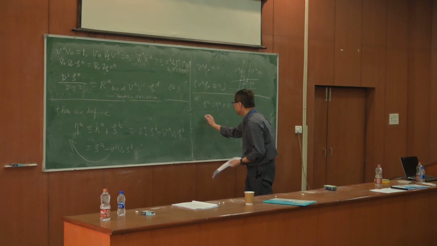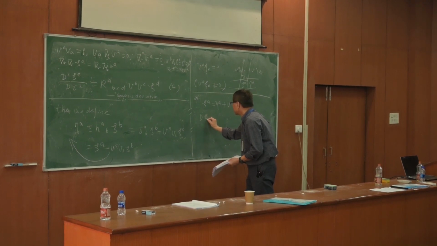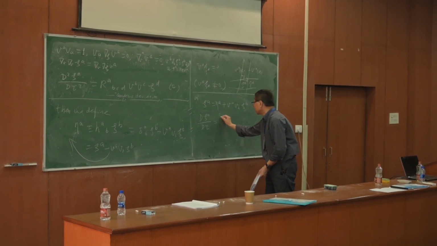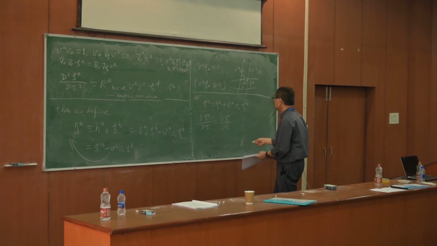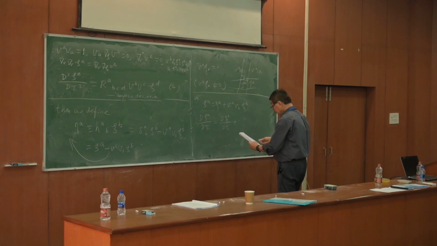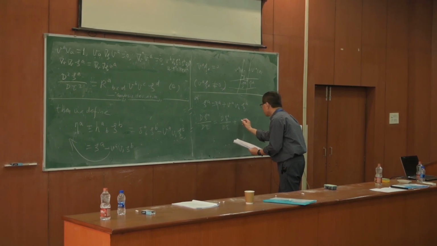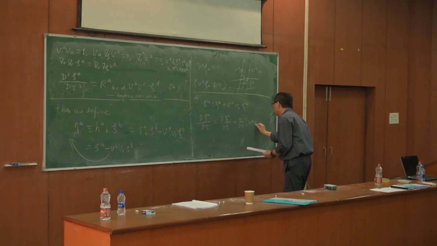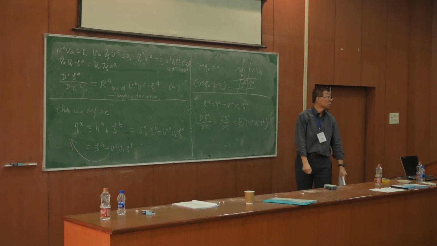Now I want to see D of eta. D eta equals D eta_A plus D eta with A with B, correct?